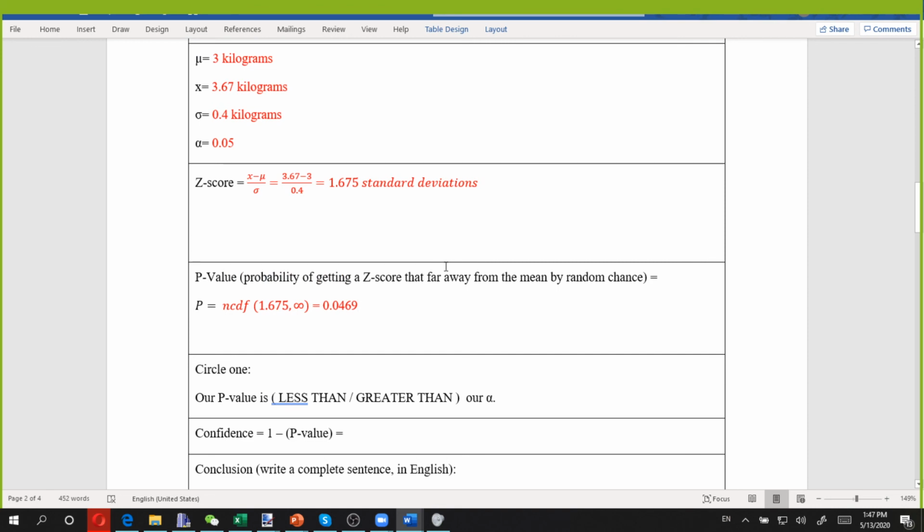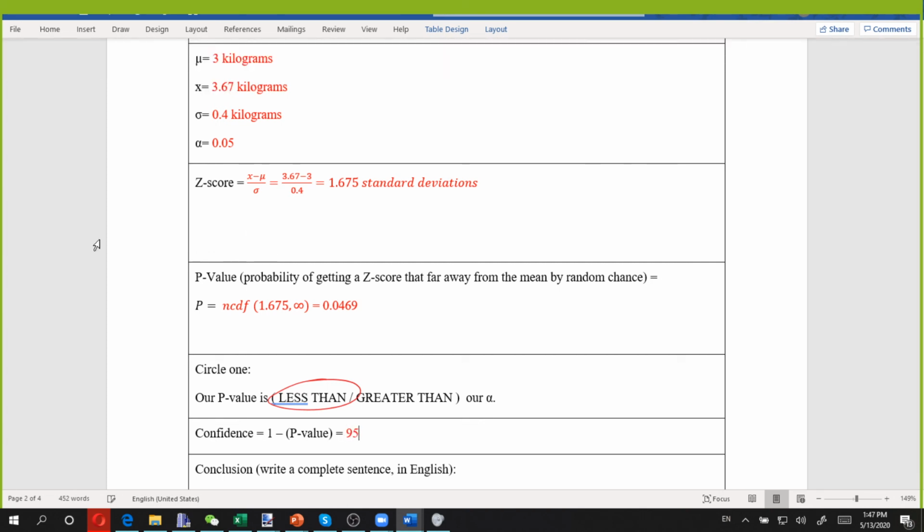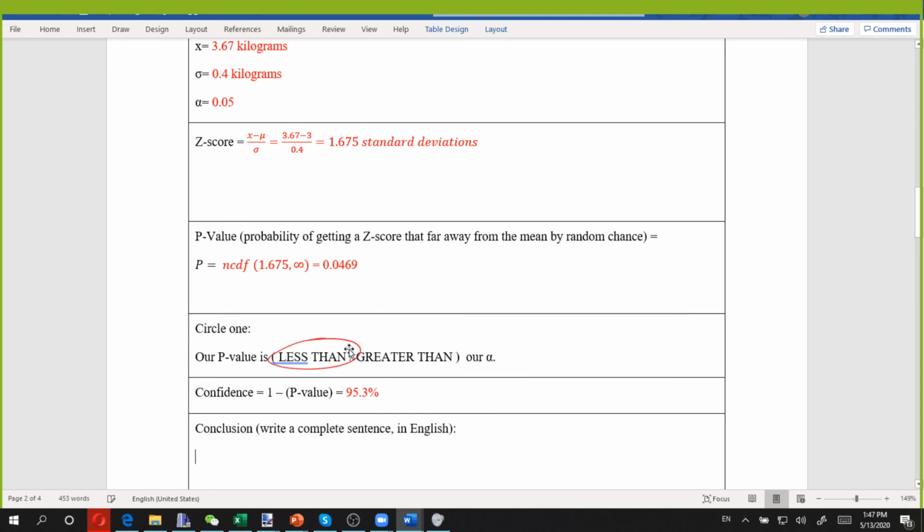Aileen, back to you. Is the p-value less than or greater than alpha? Less than. Okay, p-value is less than alpha, so how confident can we be in our result? 95.3%. Okay, a little bit more than 95%, perfect. So what would our conclusion be?